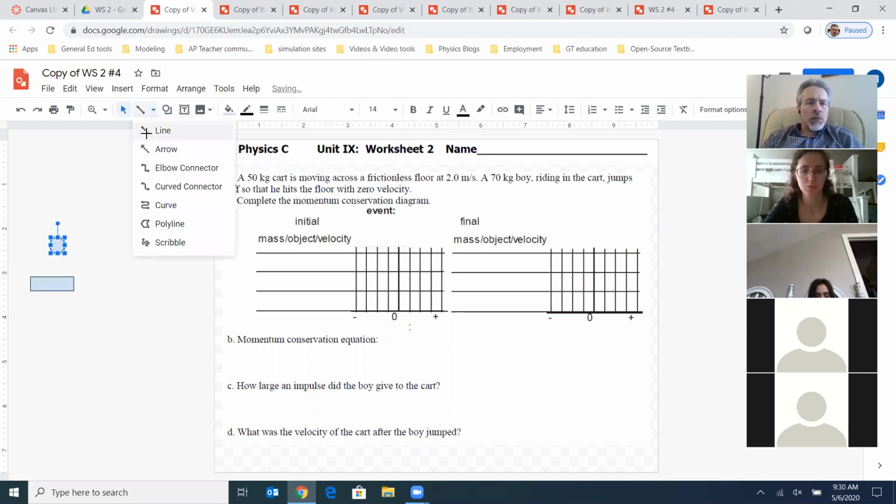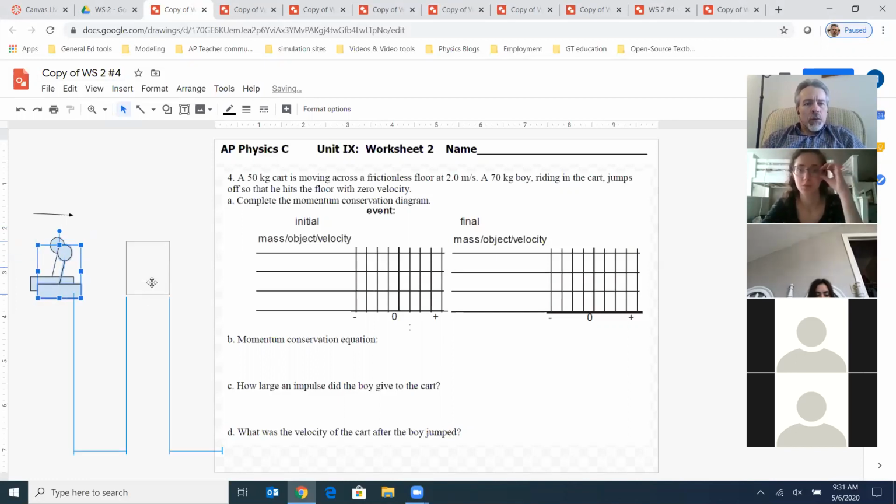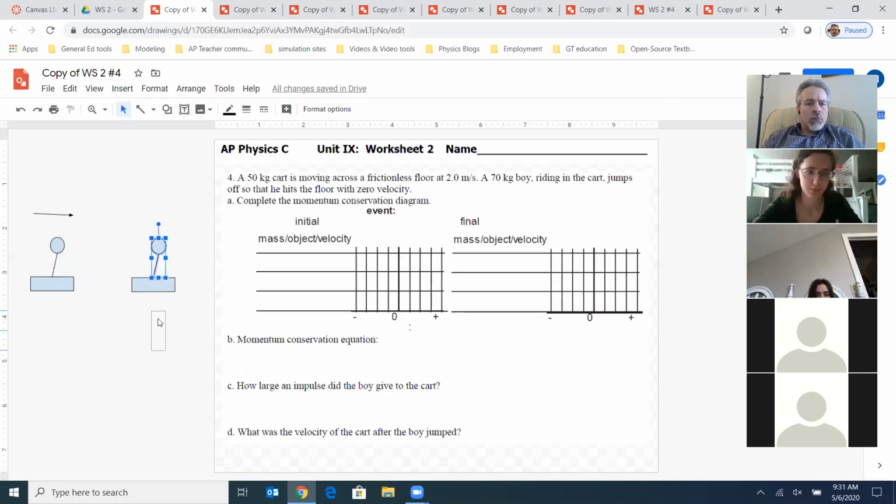I'm not going to draw a complete stick figure, but anyway, the thing's going like this, and then afterwards, the kid jumps off, and he's or she's not moving. And so in order to conserve momentum, this cart is going to have to keep on moving in the same direction.